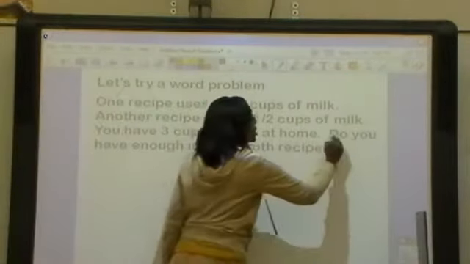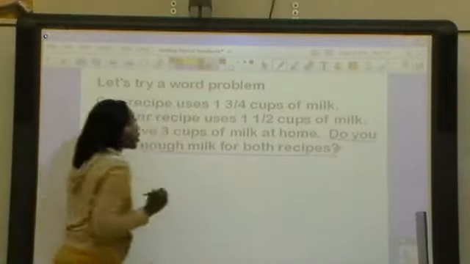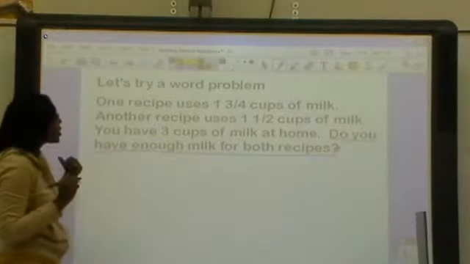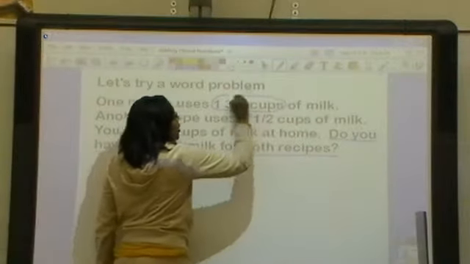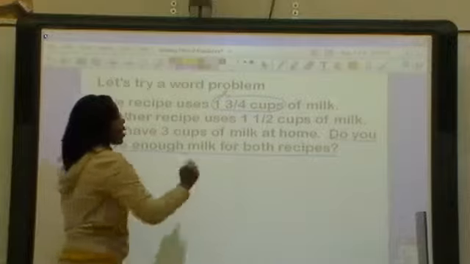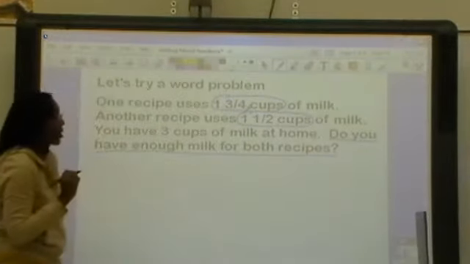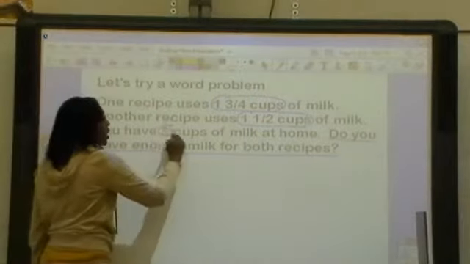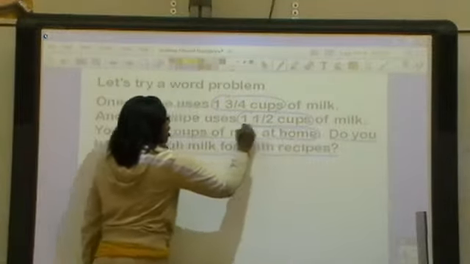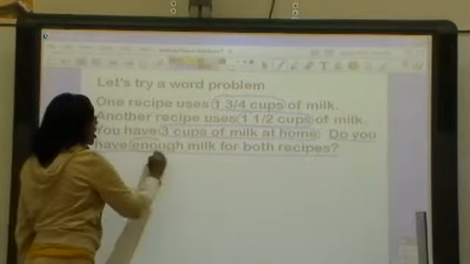So my question is, do you have enough milk for both recipes? And the information they've given us is that we need 1 3/4 cups for the first recipe, and we need 1 1/2 cups for the second recipe. We also know that we have 3 cups of milk at home, and we're trying to determine if we have enough.